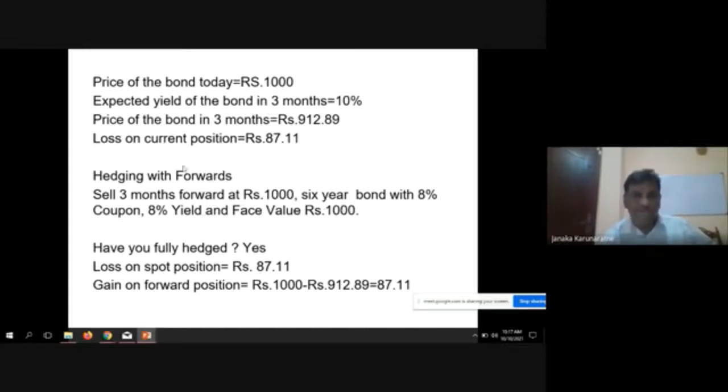This is for the explanation, but you can find a party who would like to sell a 3 months forward at a suitable rate, for a particular bond trading at a particular yield and coupon, so that the bond price will decline in a manner that you gain out of the forward contract.